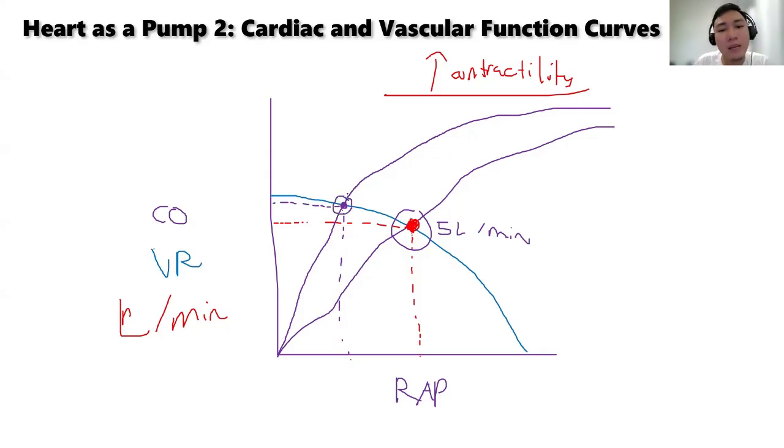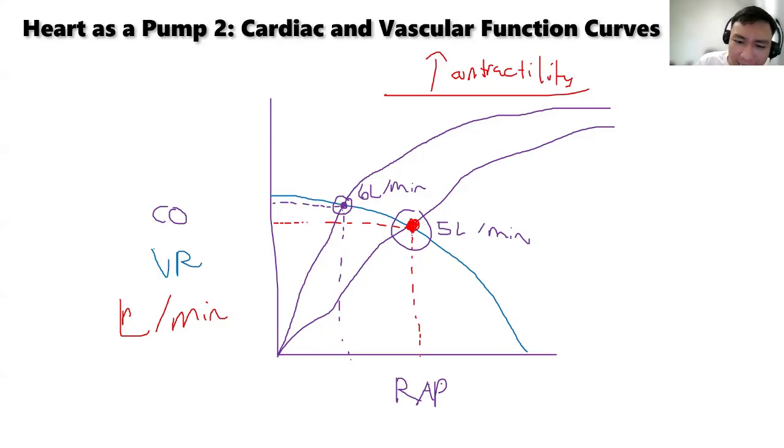So, itong equilibrium point nila would probably become, for example, 6 liters per minute na. Okay? So, the values of your cardiac output and your vascular return at your equilibrium point increased. Yung value ng cardiac output and venous return, kasi nga, more blood pumped out, more blood back in.